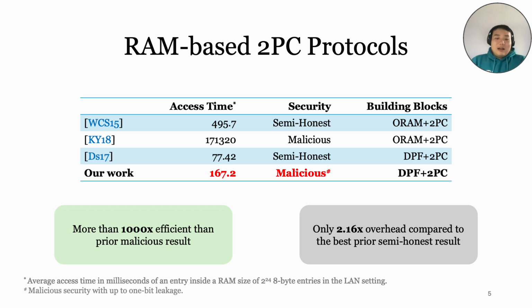We noticed that even though DS17, which follows this new line of work, shows great efficiency with semi-honest security, it is still unknown how to efficiently convert it to malicious security. Meanwhile, KY18, based on the classical ORAM plus 2PC approach, is the only known protocol with malicious security. But KY18 shows a huge overhead compared to the semi-honest works, and its efficiency is not practical.